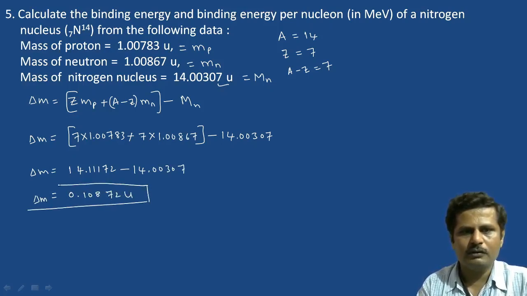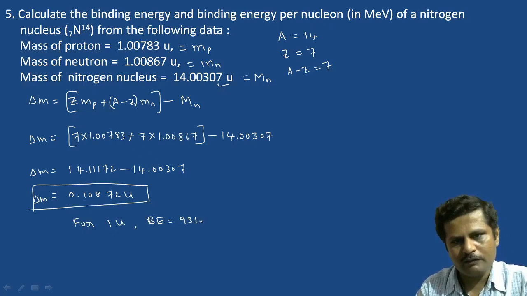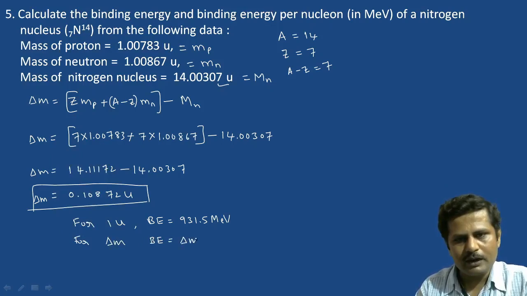Mass defect is 0.10872 u. This much we got. Now we know that for 1 u, for one atomic mass unit, binding energy is equal to 931.5 mega electron volt. And for delta m u, that is for delta m, binding energy can be written like that. Binding energy is equal to delta m times 931.5 mega electron volt.